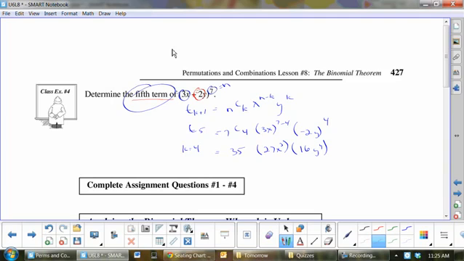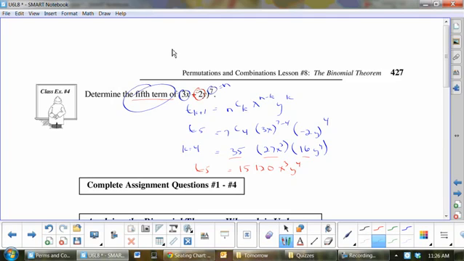Now, I've got these numbers to multiply to each other, which is 15,120 x to the 3, y to the 4. That's what T5 is.